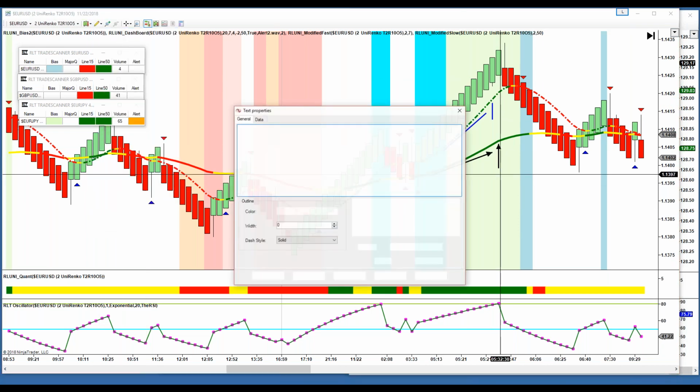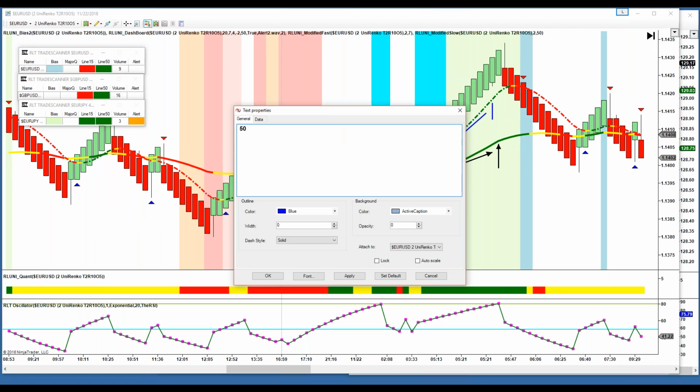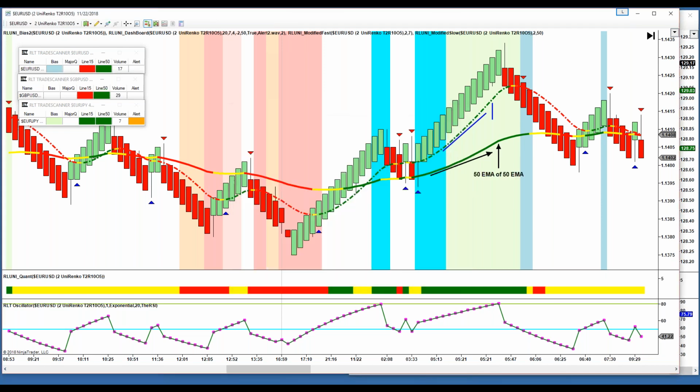This is a 50 EMA of a 50 EMA. If you just put up a simple 50 EMA, you're going to see that it's much choppier. It has the speed of a 50 EMA, but it's a lot smoother.